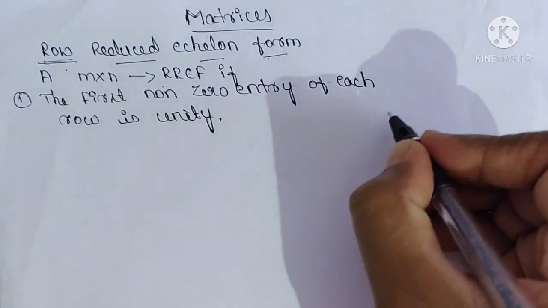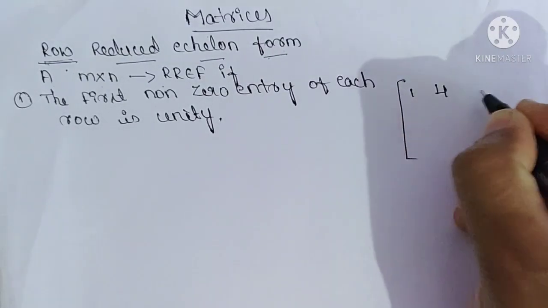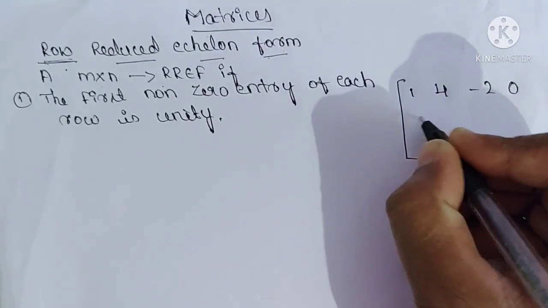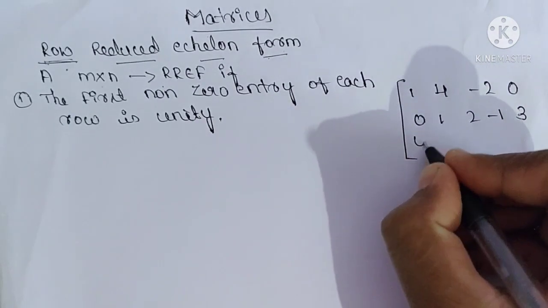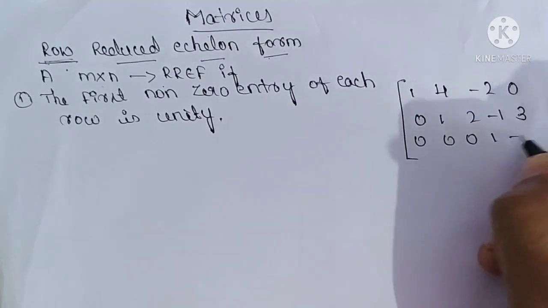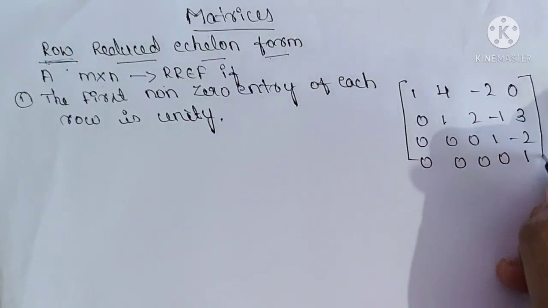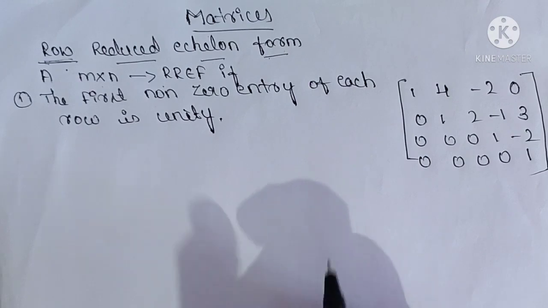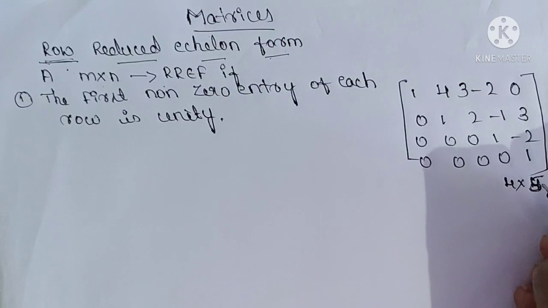Okay, I'll take one example. 1 4 minus 2 0 0, 1 2 minus 1 3, 0 0 0 1 minus 2, 0 0 0 0 1. Okay, this is a matrix of order 4 by 5. See here, 4 rows are there, 5 columns.